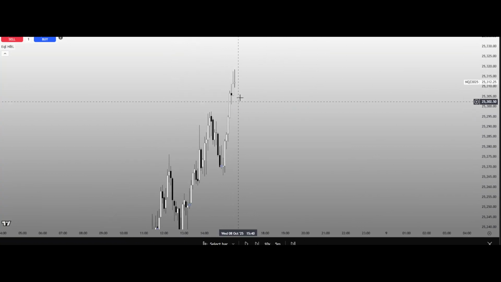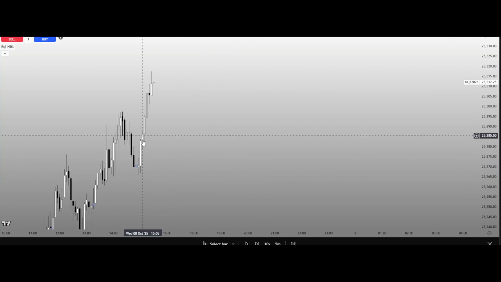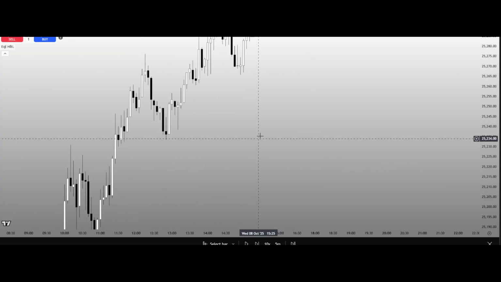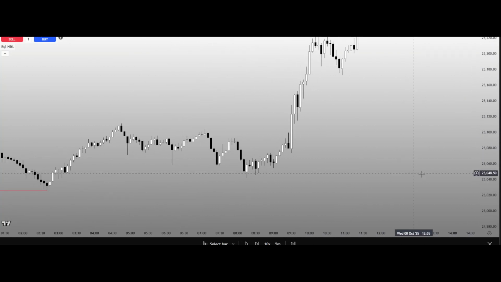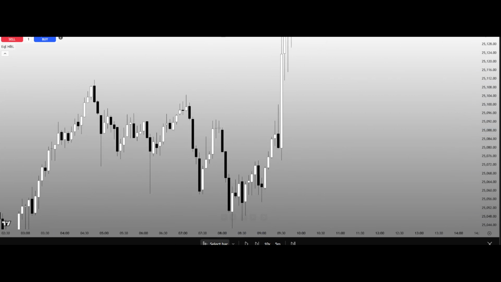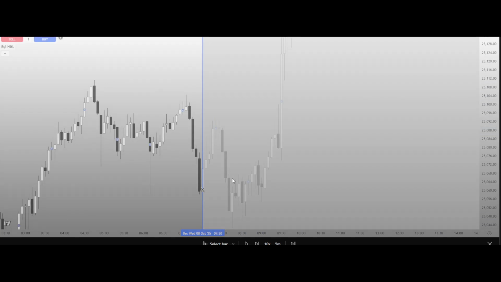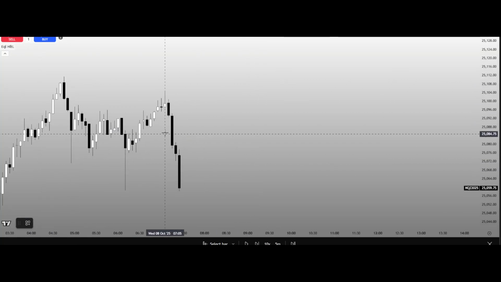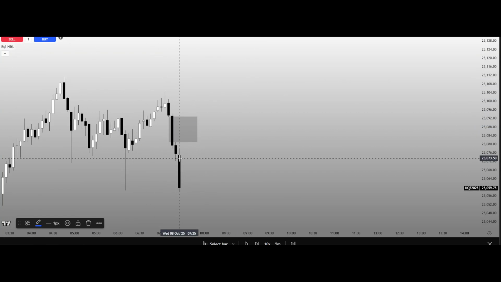So that's the bullish fair value gap example. For a bearish fair value gap, it's the same thing. If we come down to a bearish fair value gap, and we go to the start of it, so if we go like here, the start of this bearish fair value gap is right here, right? So price comes into it. This is the start of the bearish fair value gap.